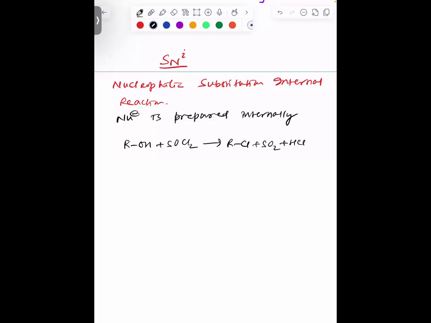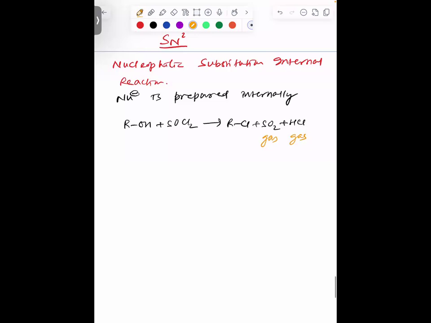SO2 and HCl both are gaseous products. We have already discussed that gaseous side products can easily be separated out.